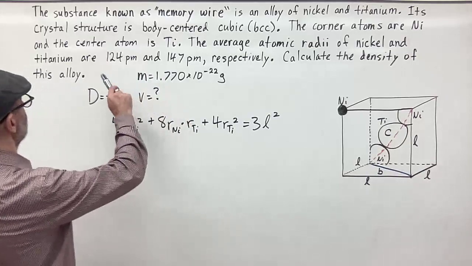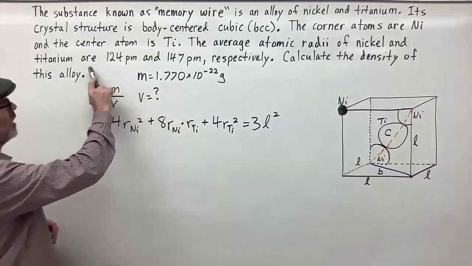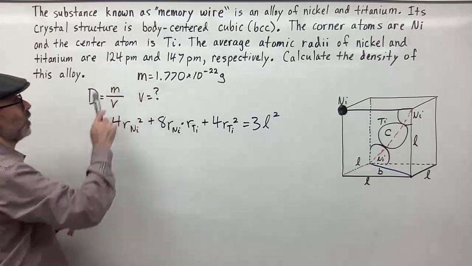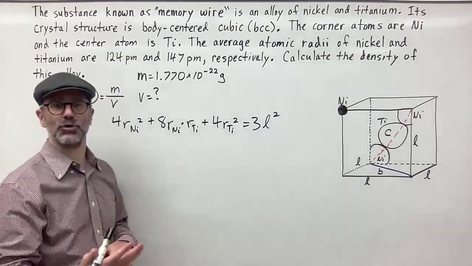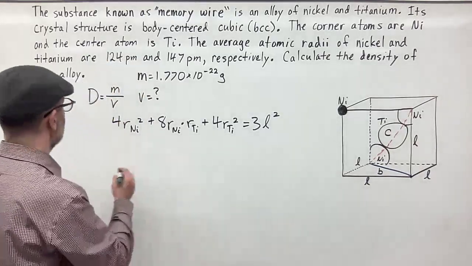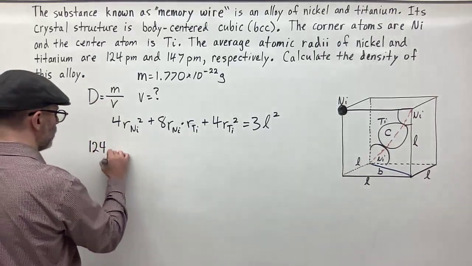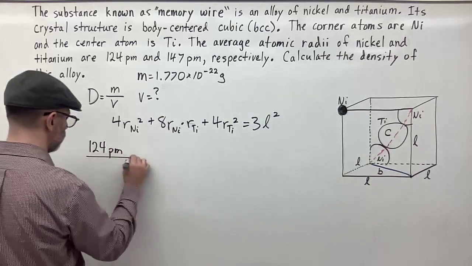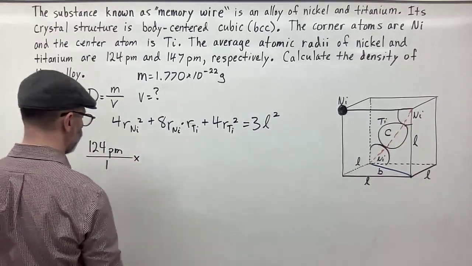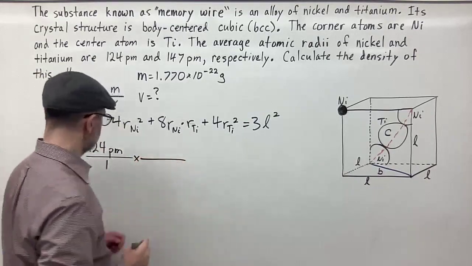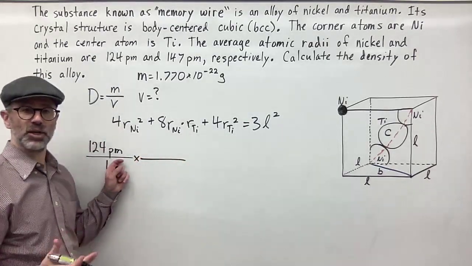So we're given these respective radii of nickel and titanium. So nickel has a radius of 124 picometers. We're going to have to convert that to centimeters. So let's go ahead and do that. So we have 124 picometers over 1. So we're going to have to convert picometers to meters first.